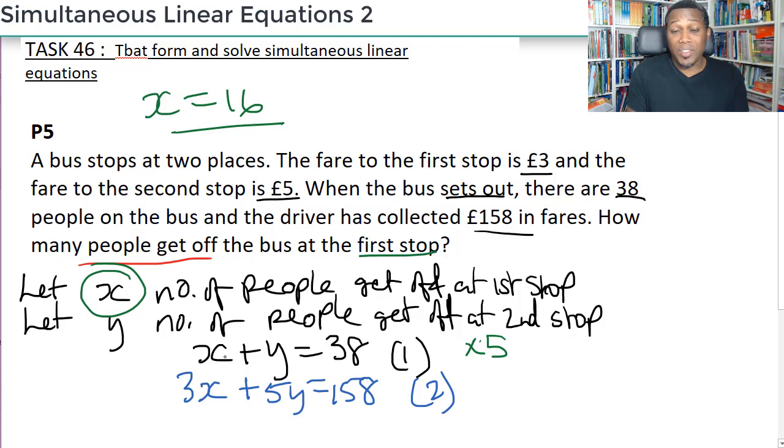As soon as you know x is 16, then y has to be 22, because 16 and 22 give you 38. That would allow you to do a check in equation 2 to see if you actually get the 158.